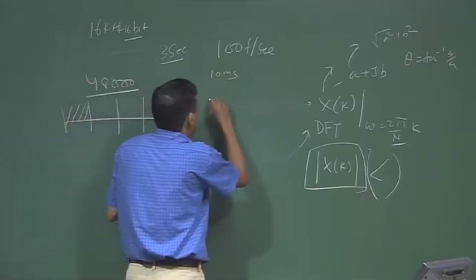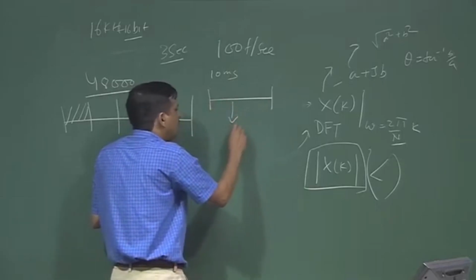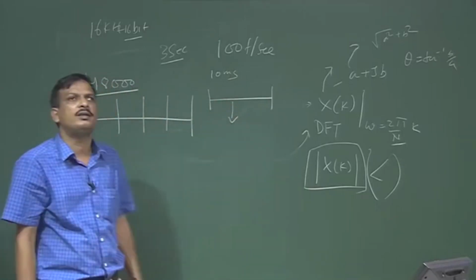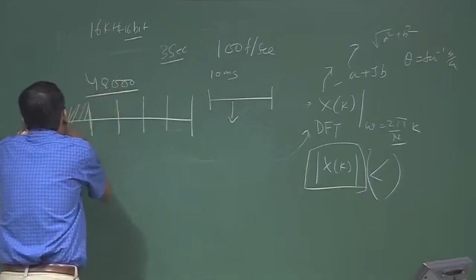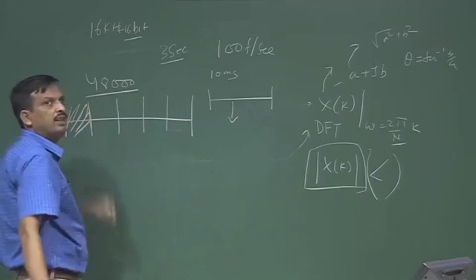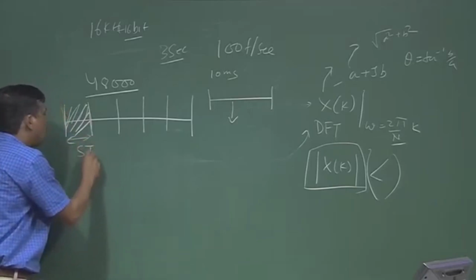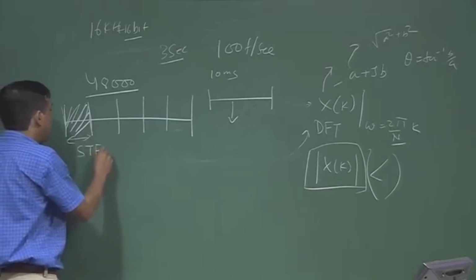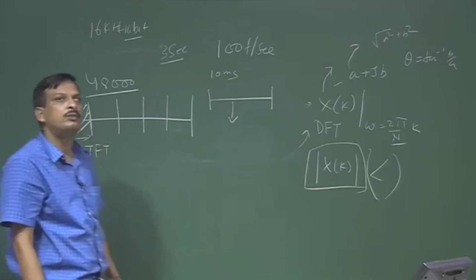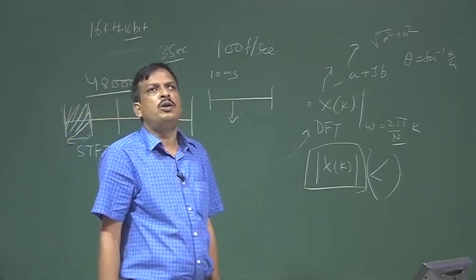So, what do I do? I cut a segment of the speech and do the frequency analysis. Once I cut a segment of the speech, it is called short time, and if I do the Fourier transform, this is called the short time Fourier transform.